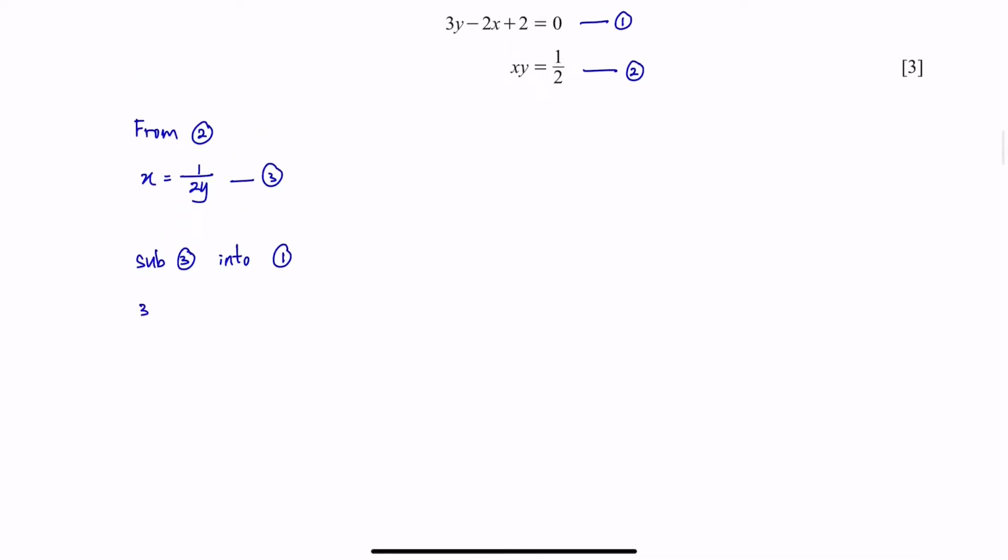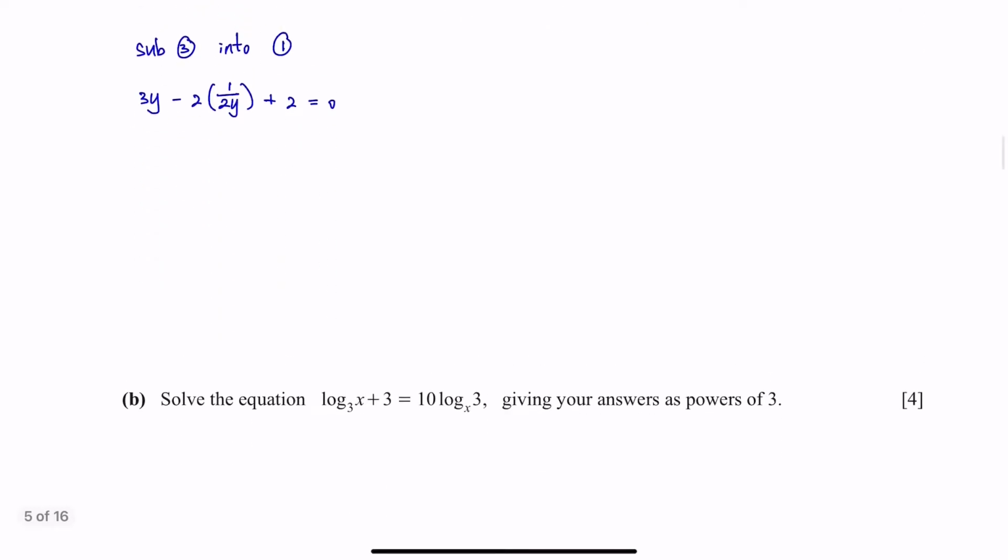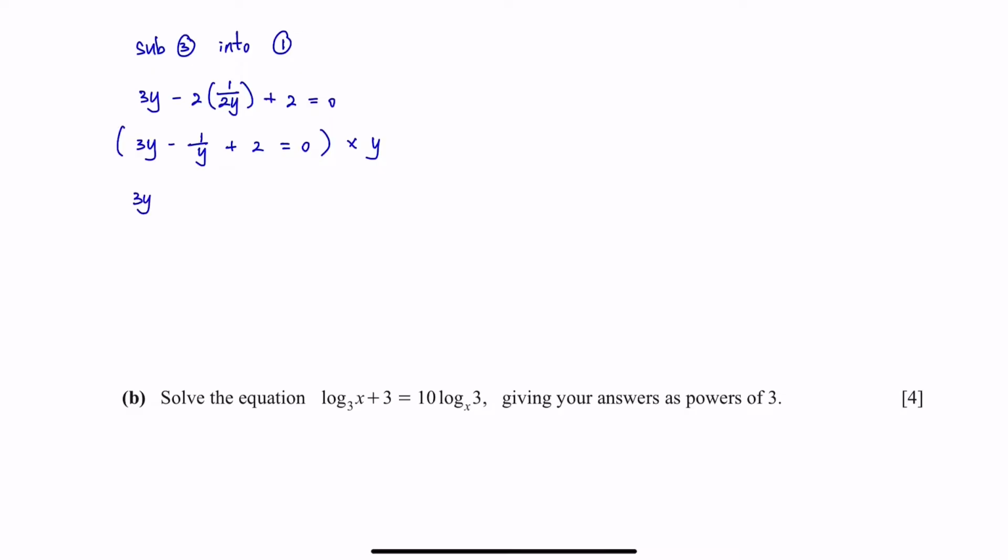and we would have 3y minus 2 times 1 over 2y plus 2 equals 0. So we can get 3y minus 1 over y plus 2 equals 0, and times the whole equation by y. So we have 3y squared minus 1 plus 2y equals 0.